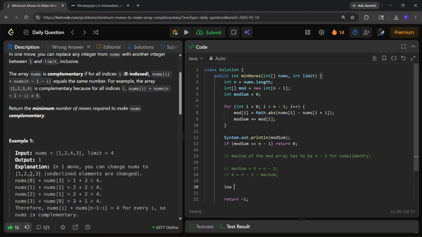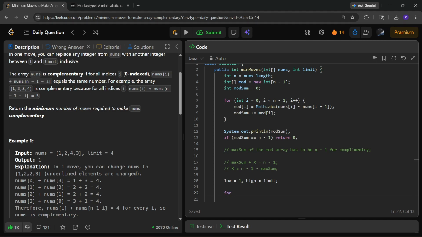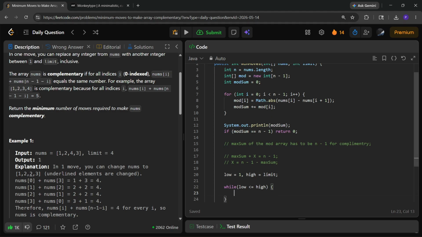So I have a low that is equal to 0. It's inclusive, is 1. I have a high that is equal to the limit. While low is less than or equal to high, do I need the difference? The difference would be n minus 1 minus the maximum sum.